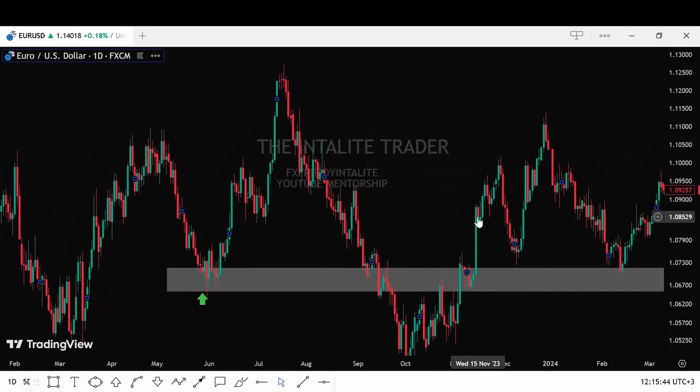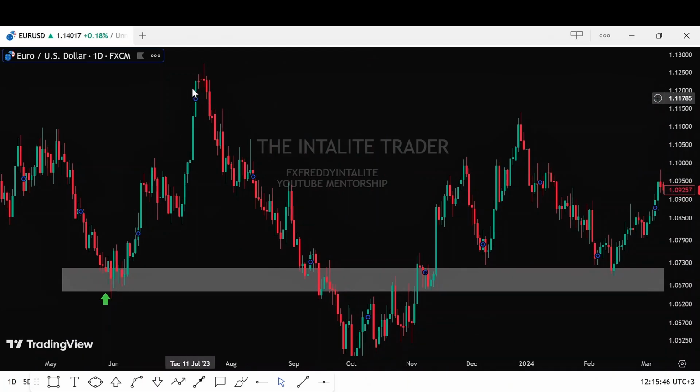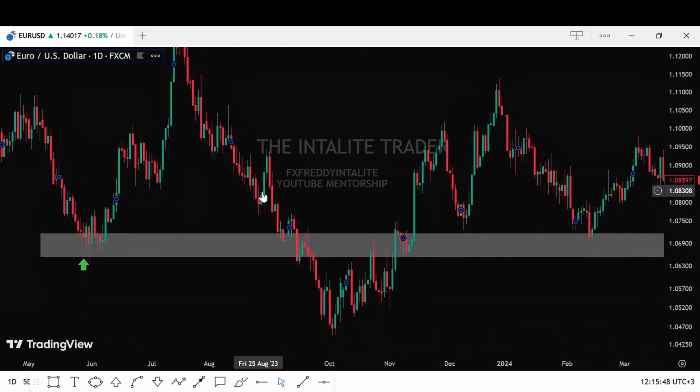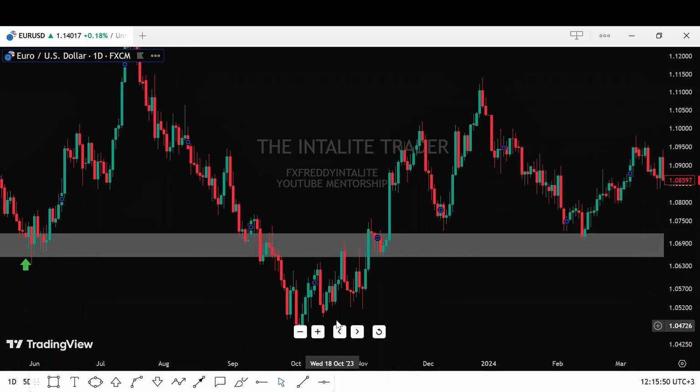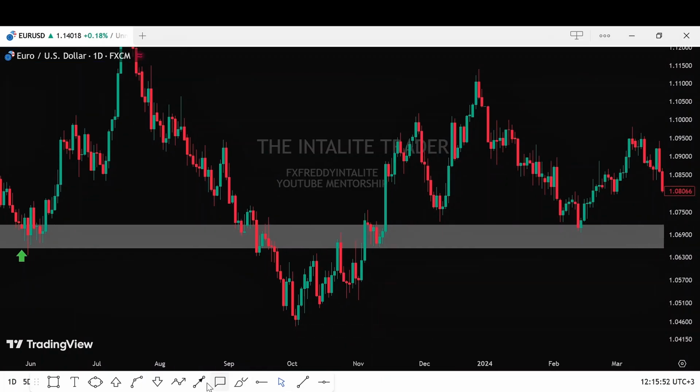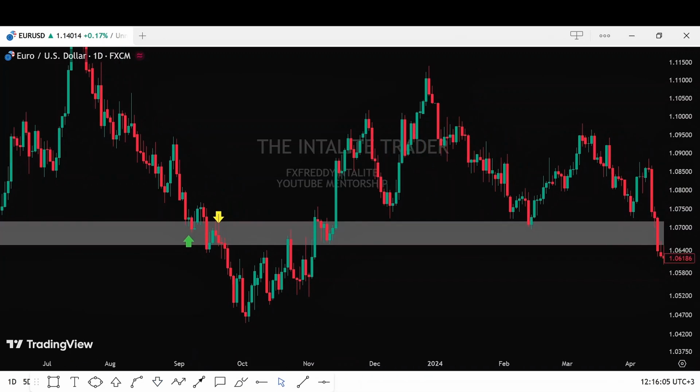It traded and went. The same thing applies in the future. Price comes and it trades the same level. Here it broke below, and then we see price again traded up.